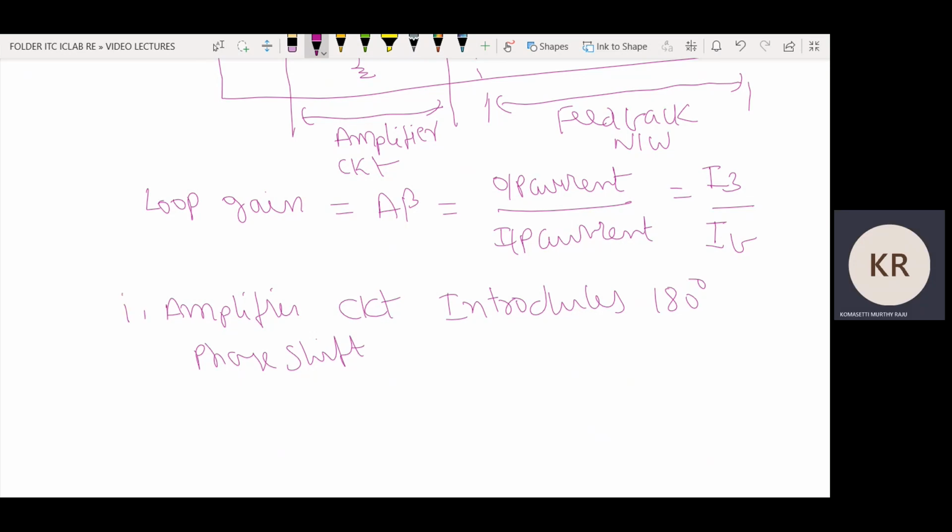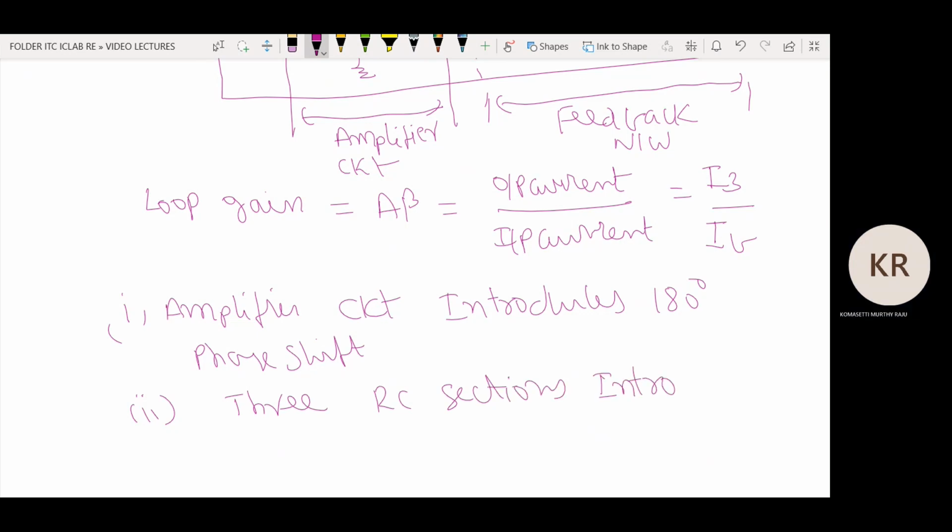And in the above circuit diagram, the three RC sections introduce another 180 degrees phase shift.